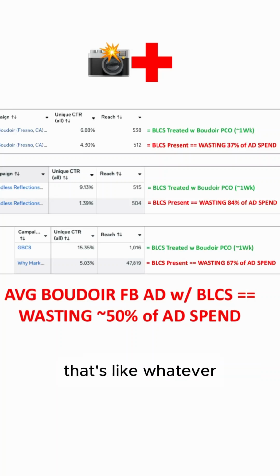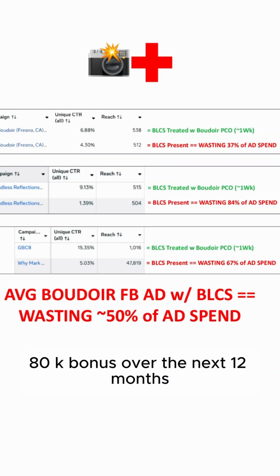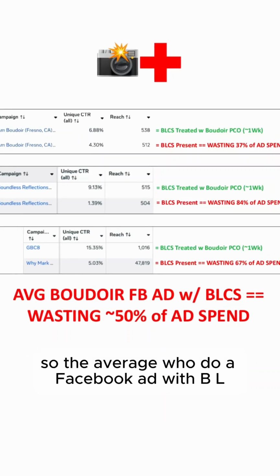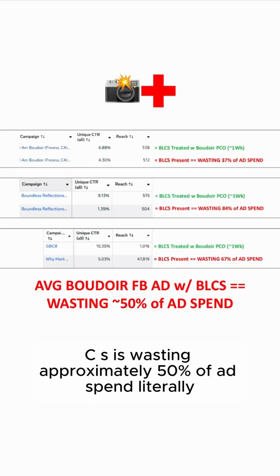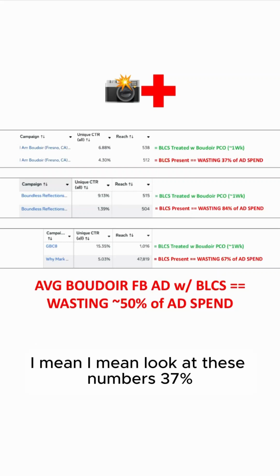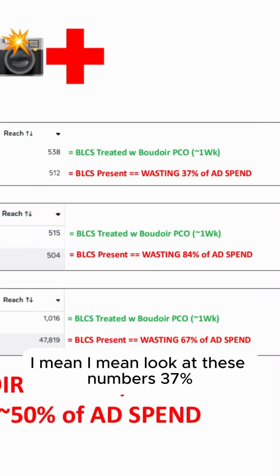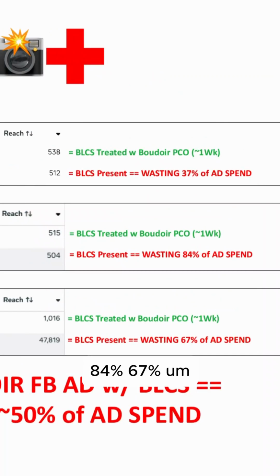So it's like whatever, 80K bonus over the next 12 months, back in his pocket. So the average Boudoir Facebook ad with BLCS is wasting approximately 50% of ad spend. Literally, I mean, look at these numbers: 37%, 84%, 67%.